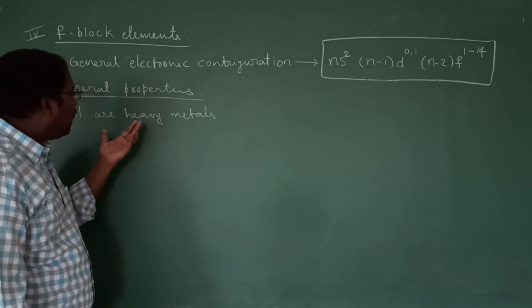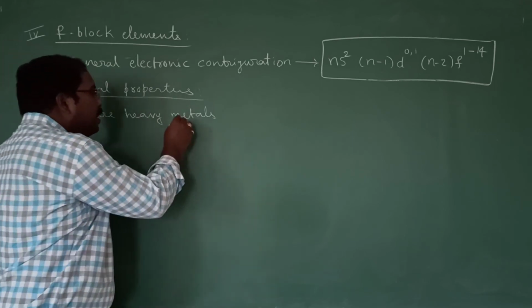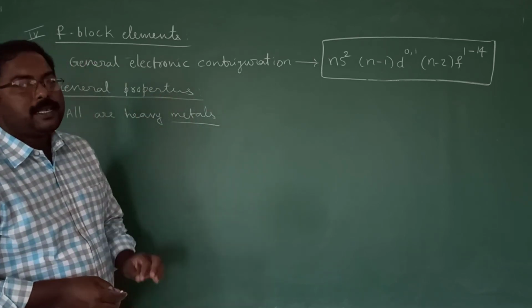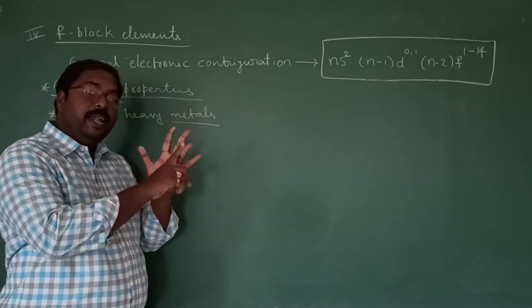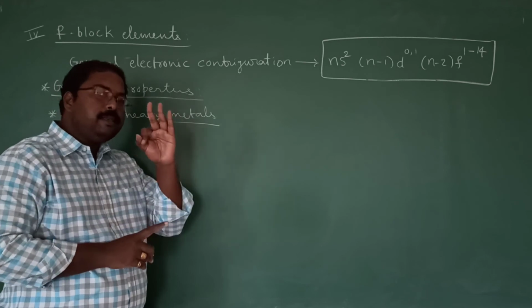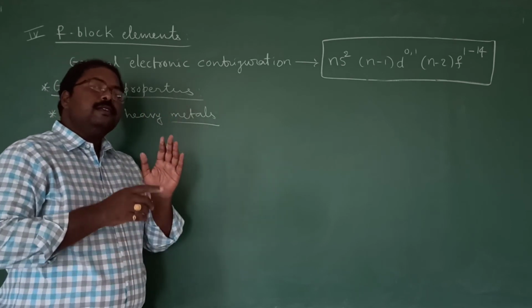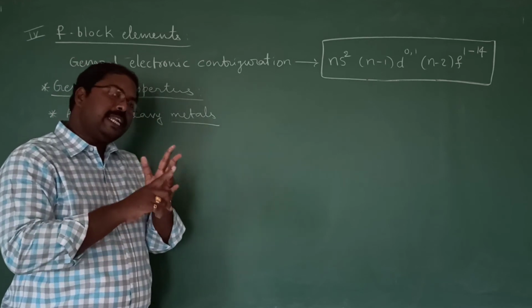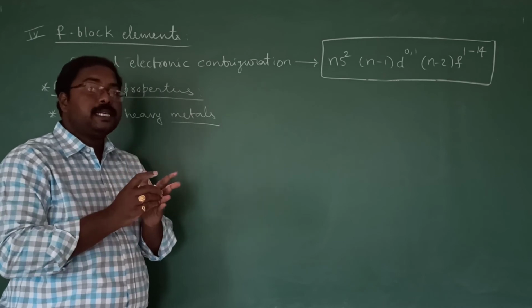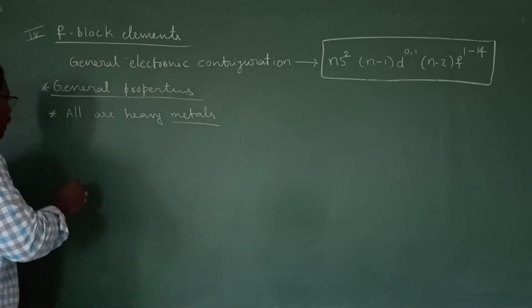That's why these are called heavy metals. But the common point is all the F block elements are also metals only. S block, D block, F block, all these three block elements are purely metals. In the periodic table, whatever non-metals and metalloids are present, all are present in the P block.